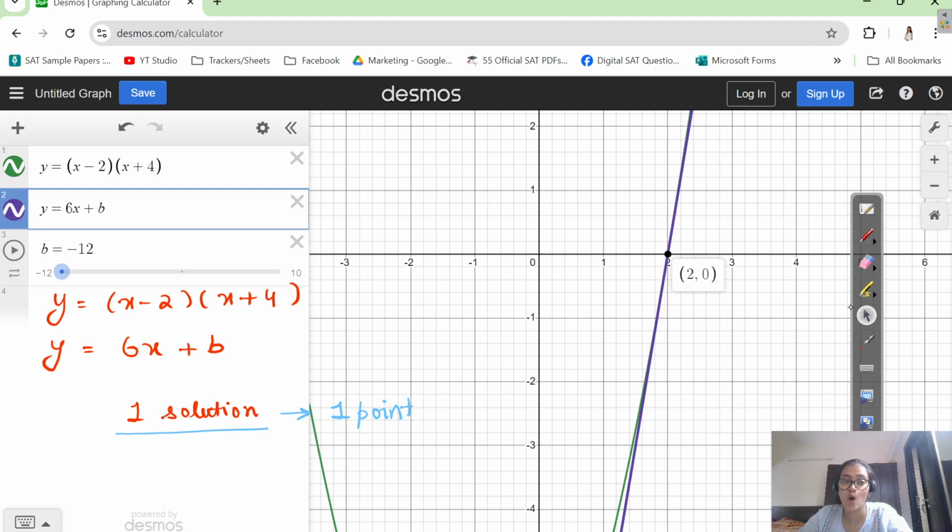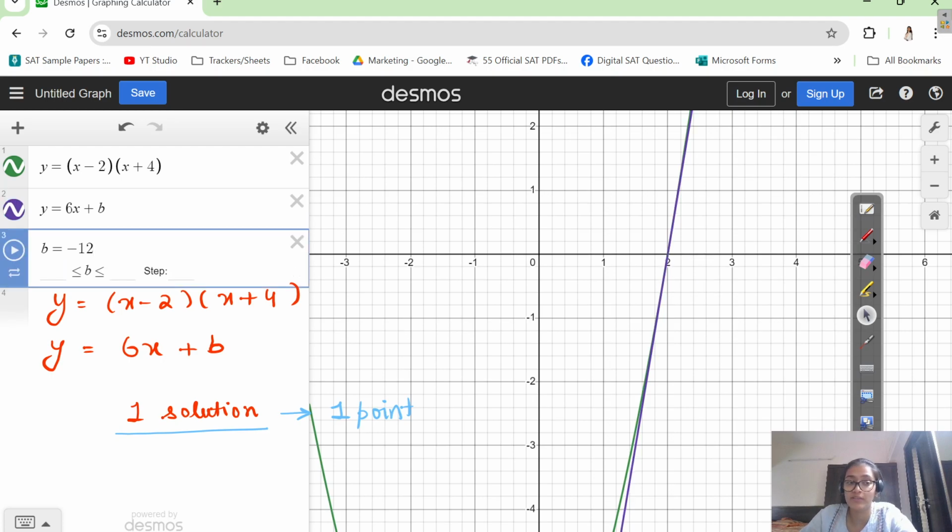And if you're not getting the correct answer, then maybe you'll have to type the values manually. You'll have to guess, not exactly guess, but you'll have to see, should you increase the values or should you decrease the values. And if the answer choices are given, then you can just manually put all the 4 answer choices and see in which answer choice your required graph is coming out.